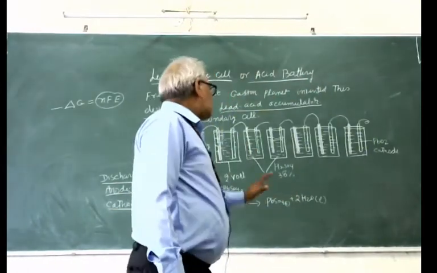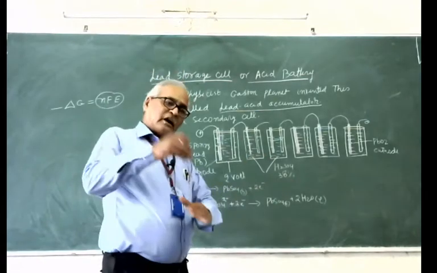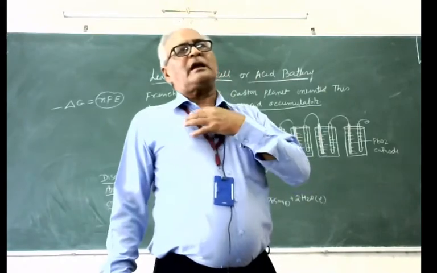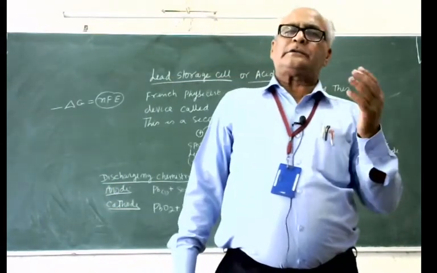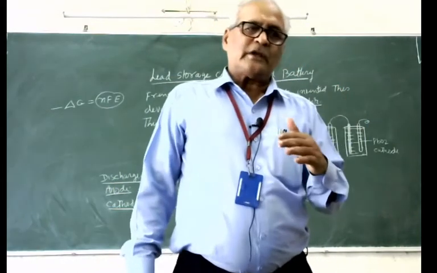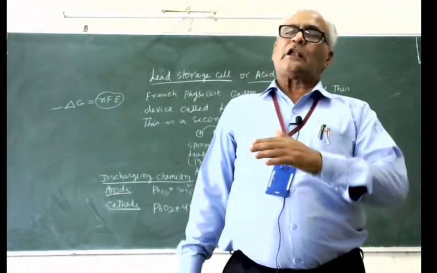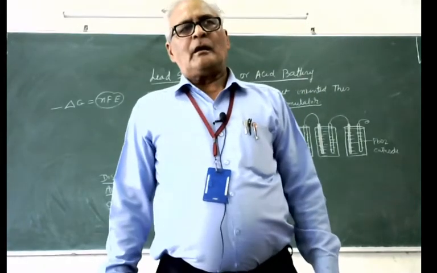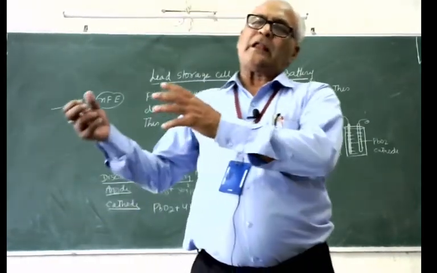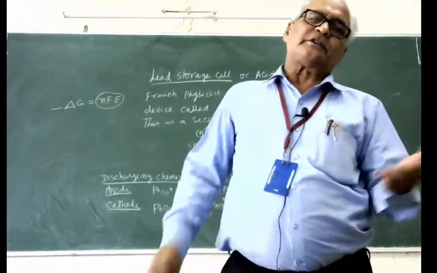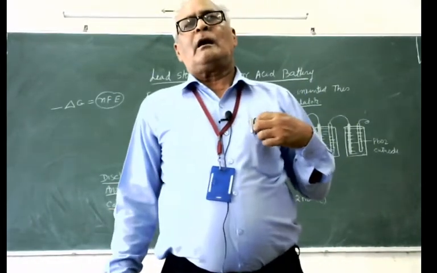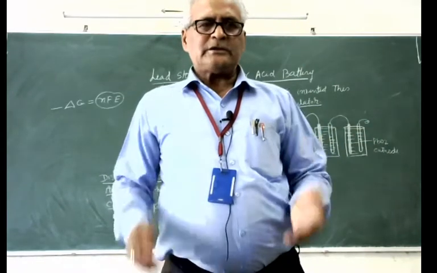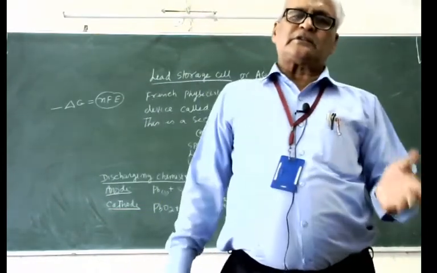But this type of battery can be recharged. So this battery is a galvanic cell as well as an electrolytic cell; it shows both behaviors. When we supply electrical energy from outside after the battery discharges, the battery becomes charged again, which means the reverse chemical reaction takes place.